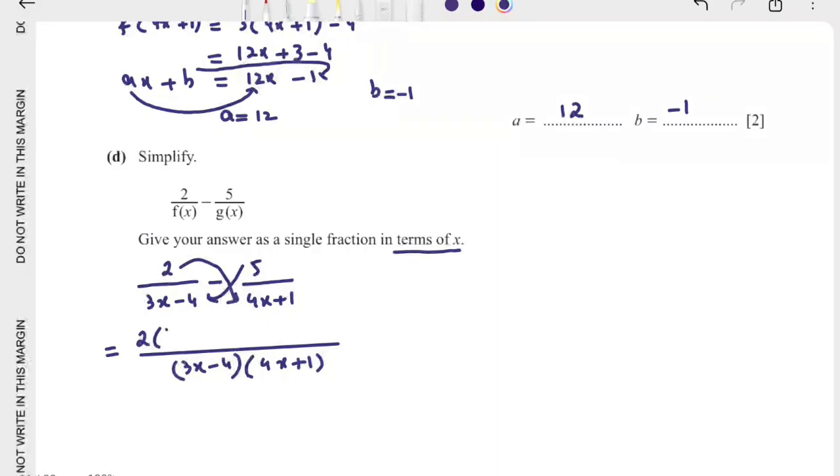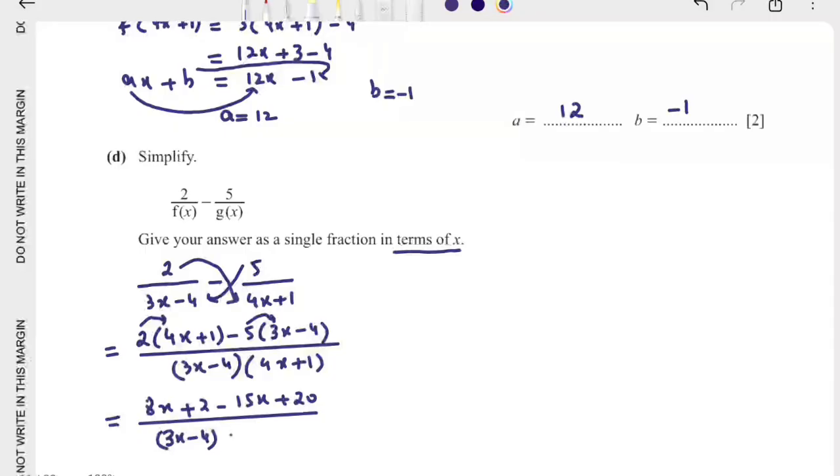So 2 times (4x plus 1) minus 5 times (3x minus 4). So we'll simplify it. 2 times 4, 8x, 2 times 1, 2, minus 5 times 3 is 15x, minus minus plus, 4 fives are 20, divided by (3x minus 4) and (4x plus 1). We will further combine like terms.